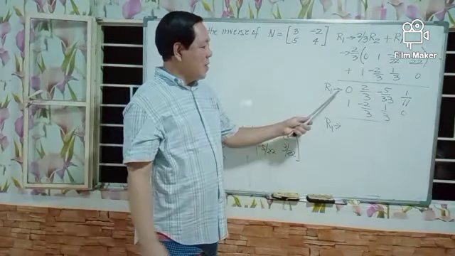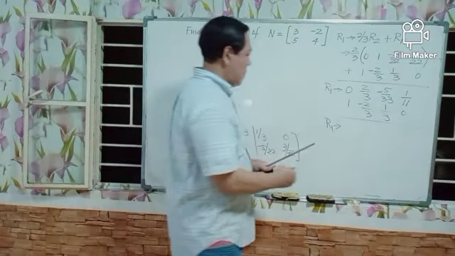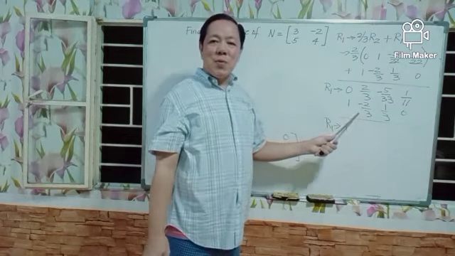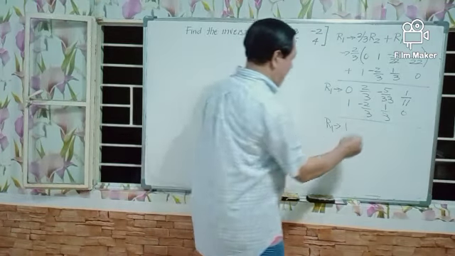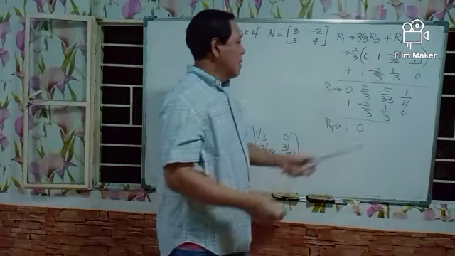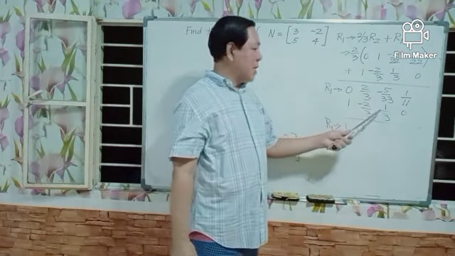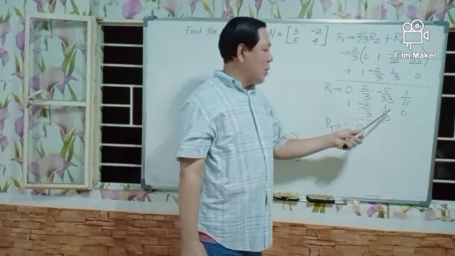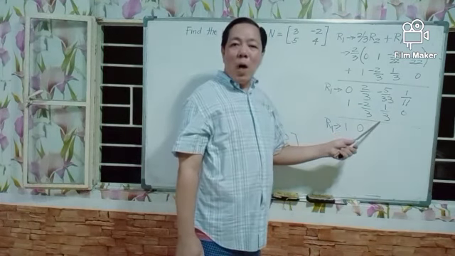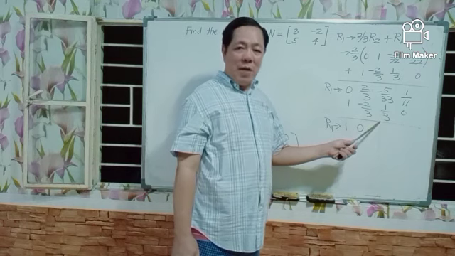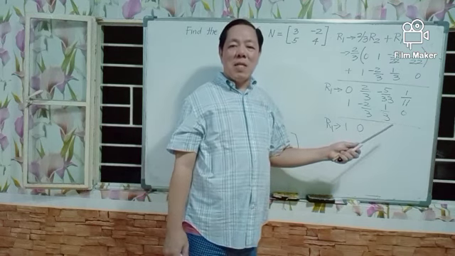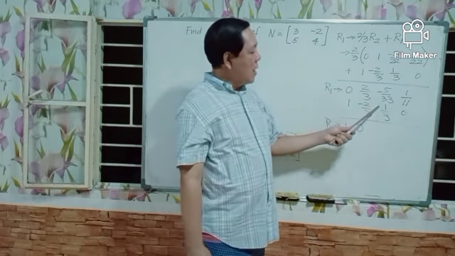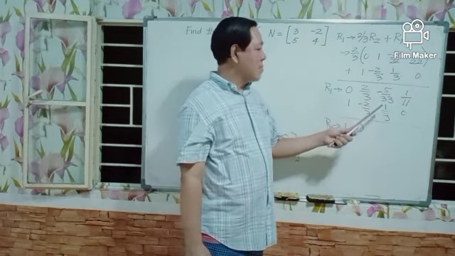Now we add 0 plus 1 is 1. 2/3 plus negative 2/3 is 0. We have negative 5 over 33 plus 1/3. Now for us to have a common denominator of 33, we multiply 1 over 3 by 11 over 11. So that we will have a common denominator of 33. Multiply 1 by 11, and 11 minus 5 is 6.